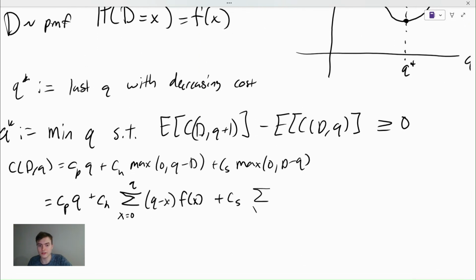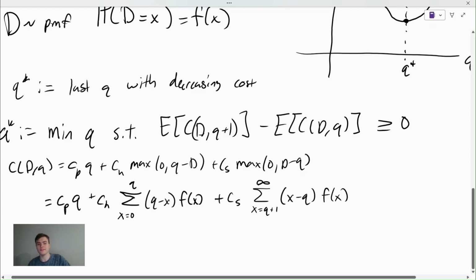So we're going to sum over the X that are greater than Q. Since it's discrete, the next one after Q is Q plus 1, and then we go up to infinity of x minus q, or d minus q, is our number of shortage, and then we multiply it by that probability, right? Because the expected value is the value times the probability summed up over all the values.